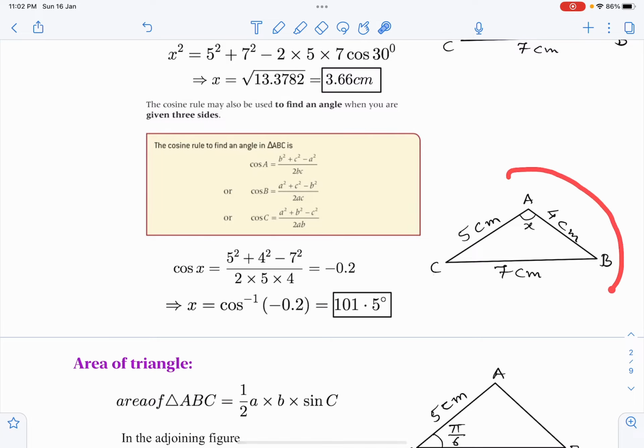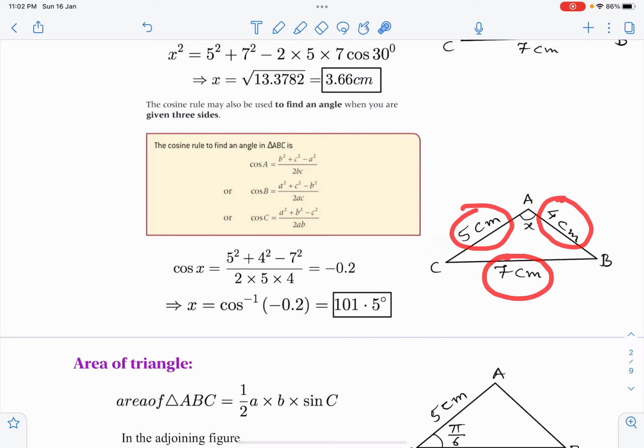Now in this figure, I have to find angle x. So I'll write cos x is equal to 5 square plus 4 square, because those are the two sides which include angle x, minus 7 square which is in front of it. Okay, in front of angle x.